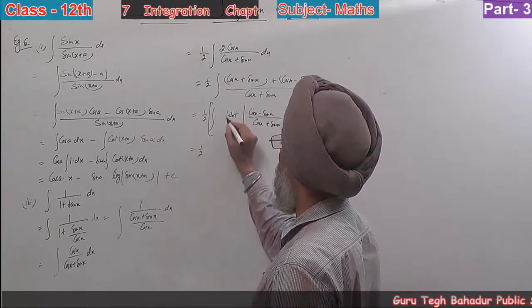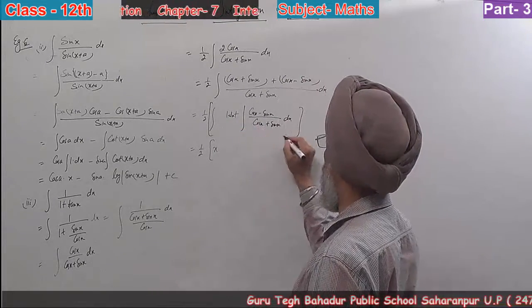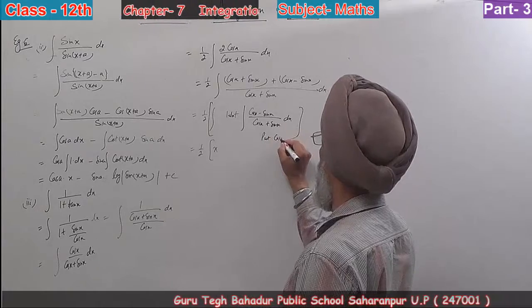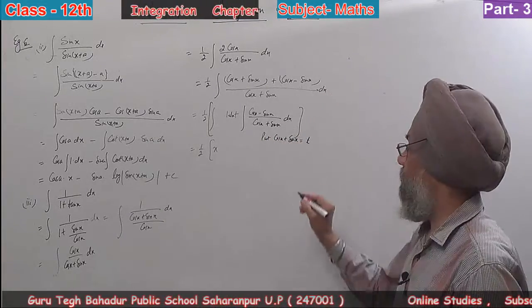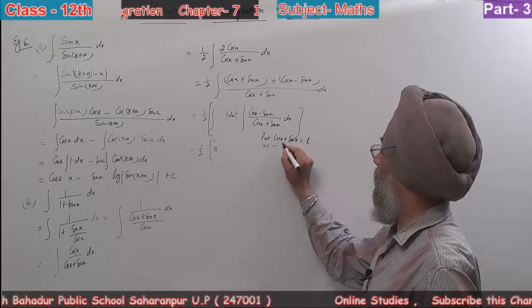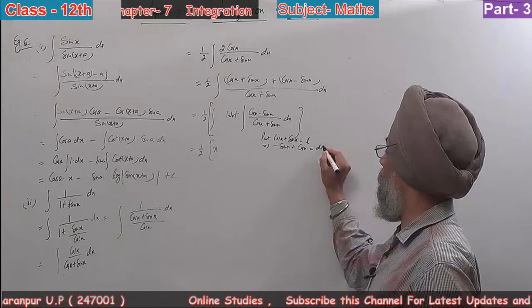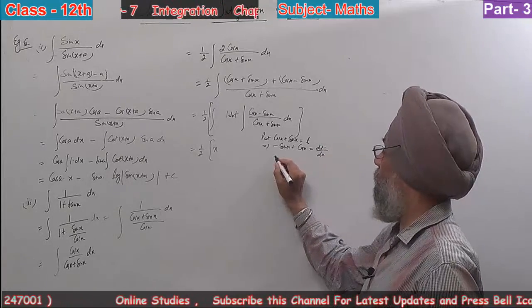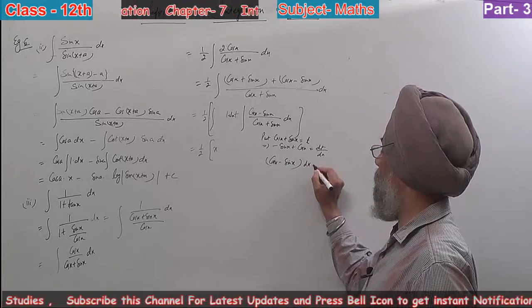Half as it is, integration of 1 is x. In the second term, we put cos x plus sin x as t. On differentiating both sides, minus sin x plus cos x is equal to dt over dx, or you can say cos x minus sin x into dx is equal to dt.